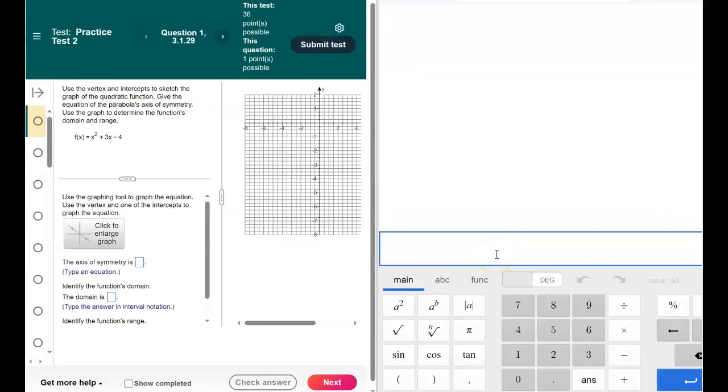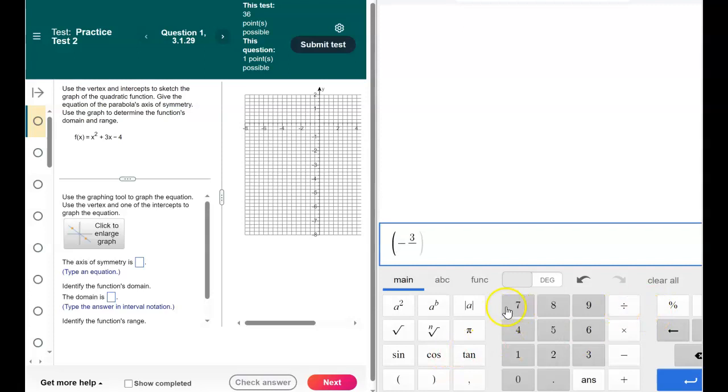Now let's open the Desmos calculator. This is a calculator that you'll be using on your test. So you have the parentheses first, and then negative 3 divided by 2, that's how you make a fraction, negative 3 over 2. That is our x coordinate. And close the parenthesis, square it.